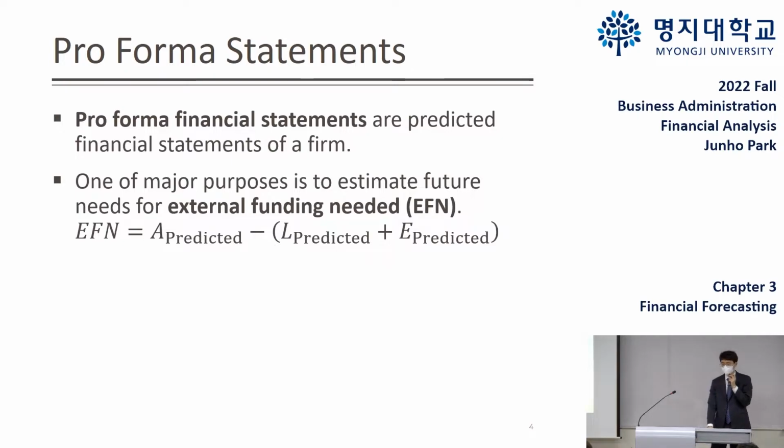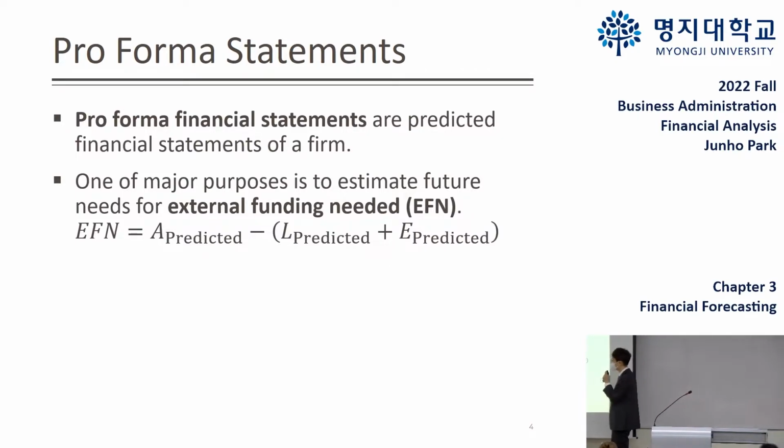Okay. And the main reason that we are going to write down the pro forma financial statement is because we want to estimate the future, particularly how much money we need. That money amount we are going to call external funding needed, or external funding required, or required external funding.